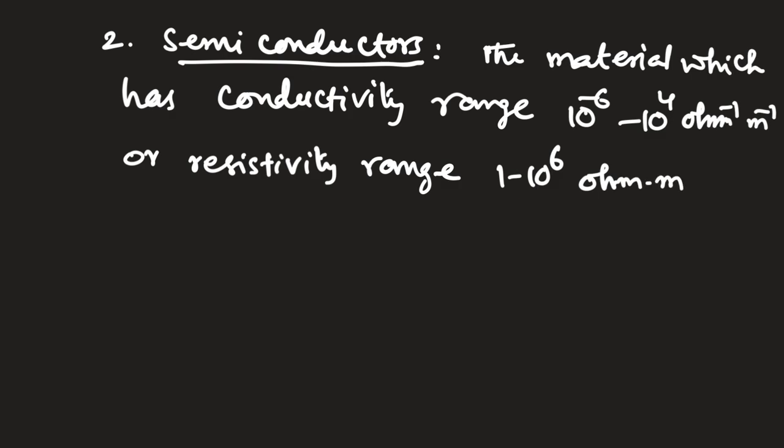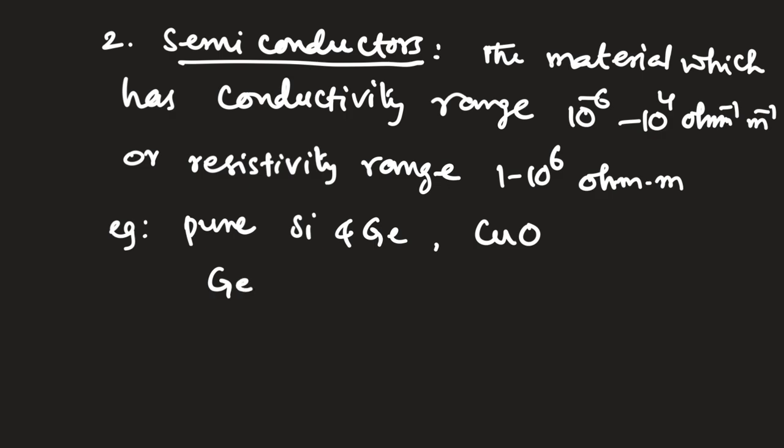Such substances are called semiconductors. Example, pure silicon, germanium and copper oxide. According to conductivity values in the textbook, germanium is a better semiconductor than silicon, than copper oxide. This is the conductivity order.